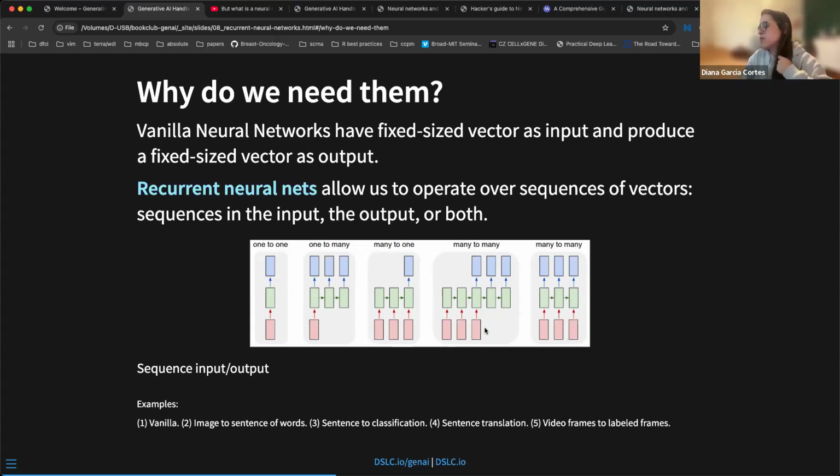Many to many could be a problem of translation, where we have a sentence of words as an input and as an output we want the same sentence but in another language. Or we could also talk about video frames and a label assigned to each of those frames. That would be another example of a many-to-many problem.